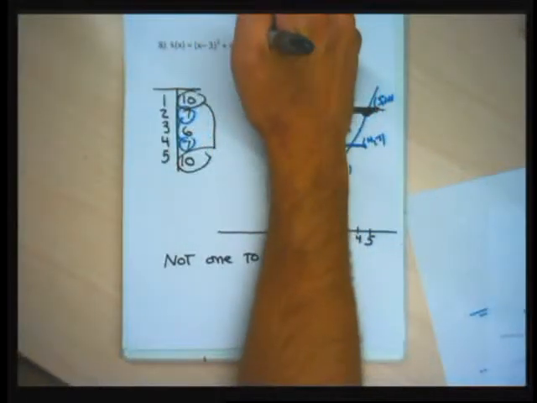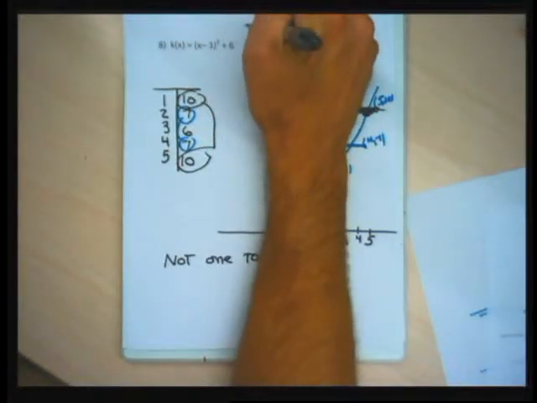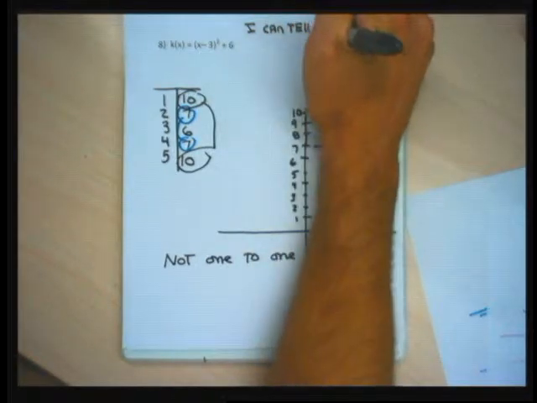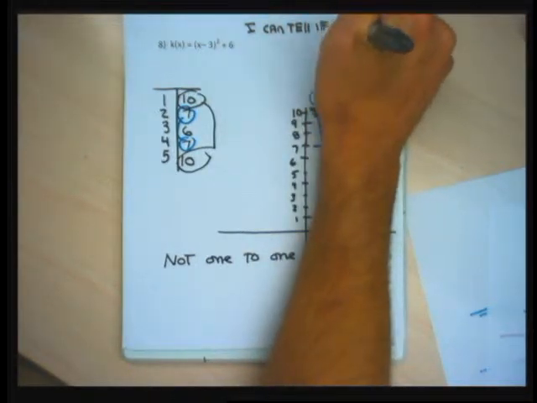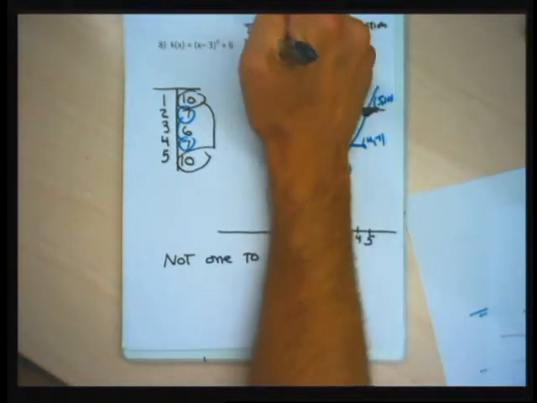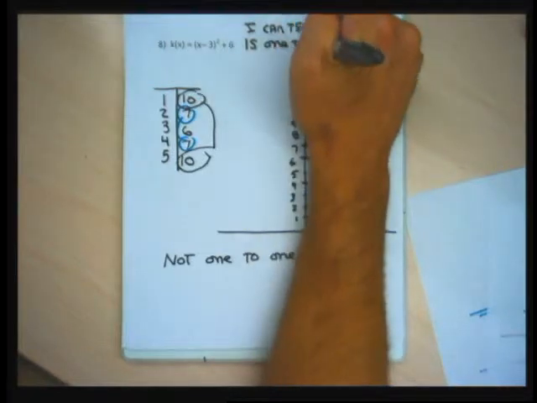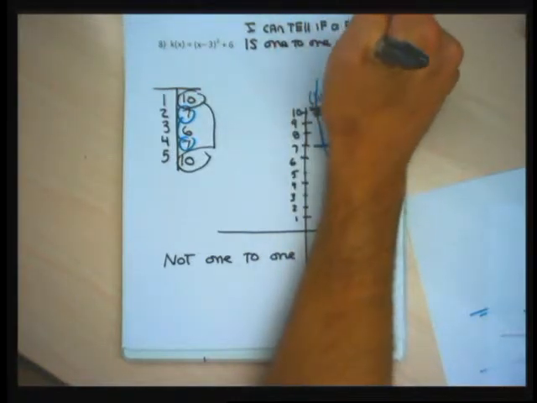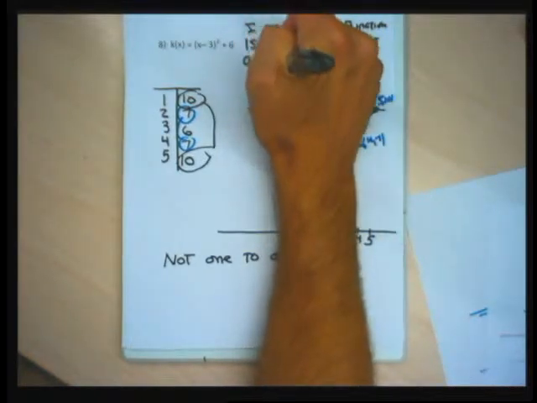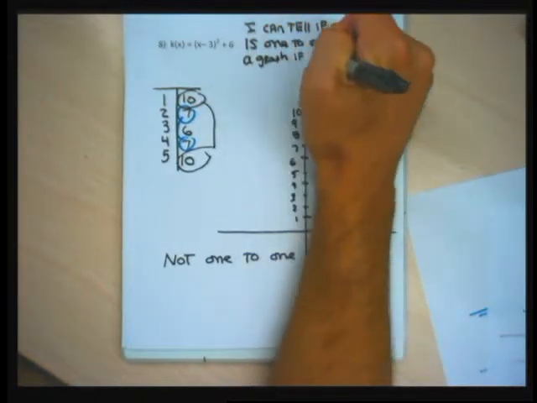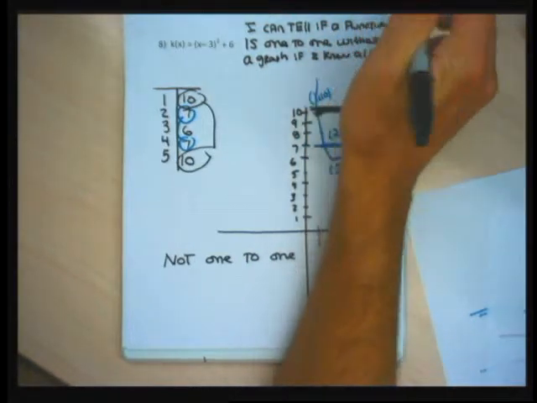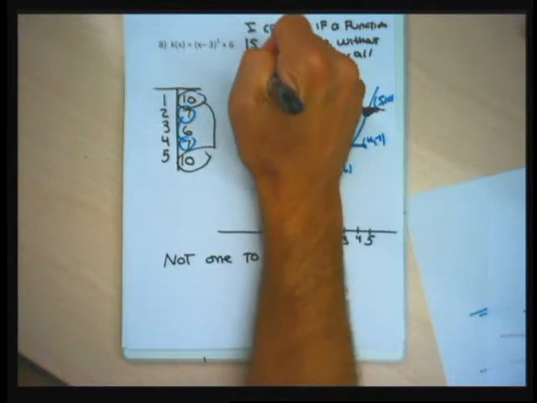So without a graph, I can tell if a function is 1-to-1 without a graph, if I know all of the function's points, at least some of the function's points.